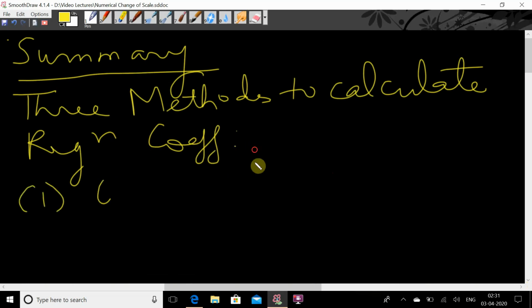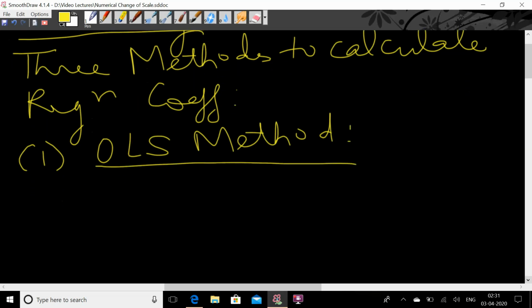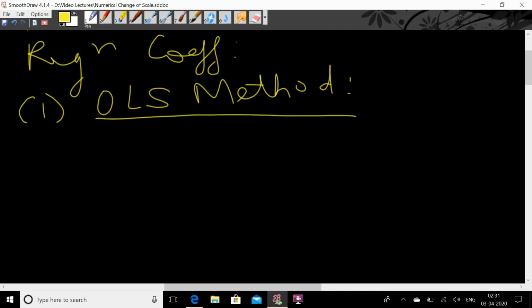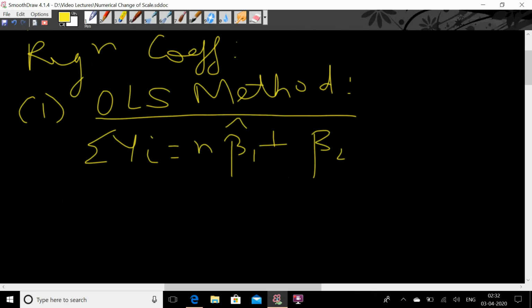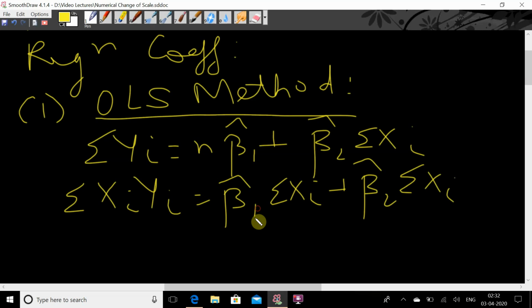First is the OLS method, which involves solving the 2 least square normal equations. What are they? Summation yi is equal to n beta 1 hat plus beta 2 hat summation xi, and summation xi yi is equal to beta 1 hat summation xi plus beta 2 hat summation xi square.